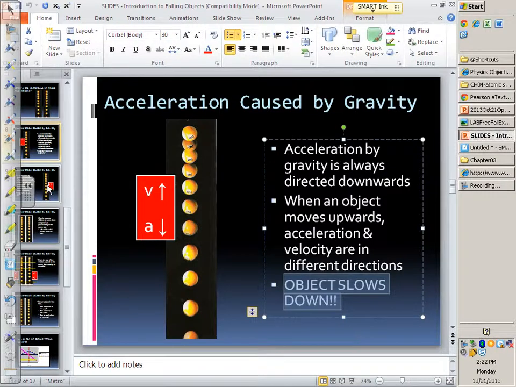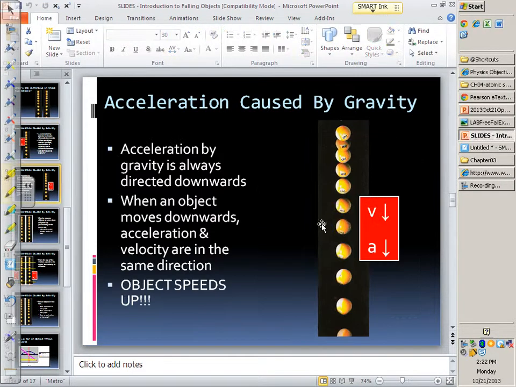But on the down trip, now that object is moving in the downward direction, so it has a negative velocity, but acceleration, gravity is still pulling it in the downward direction. So now it's moving in the same direction that gravity is pulling it.